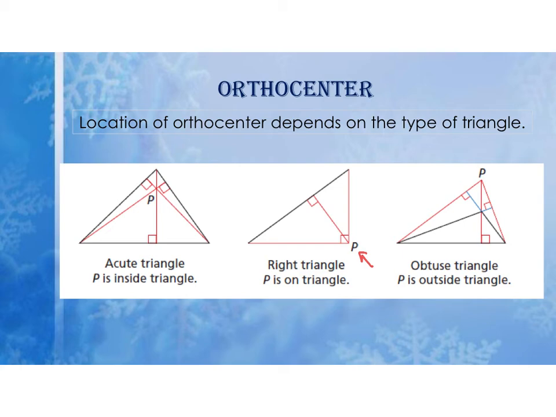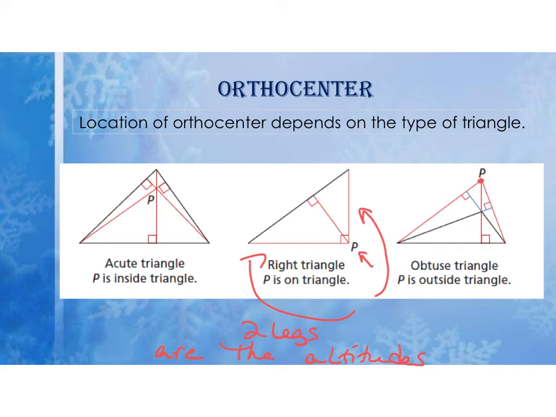Then for the obtuse triangle, this is when it's located outside of the triangle. The original triangle is created with the black lines, and then again, the altitudes are the red lines. So remember, when it's a right triangle, the two legs are going to be two of the altitudes. And you could draw in the third one if you need to.